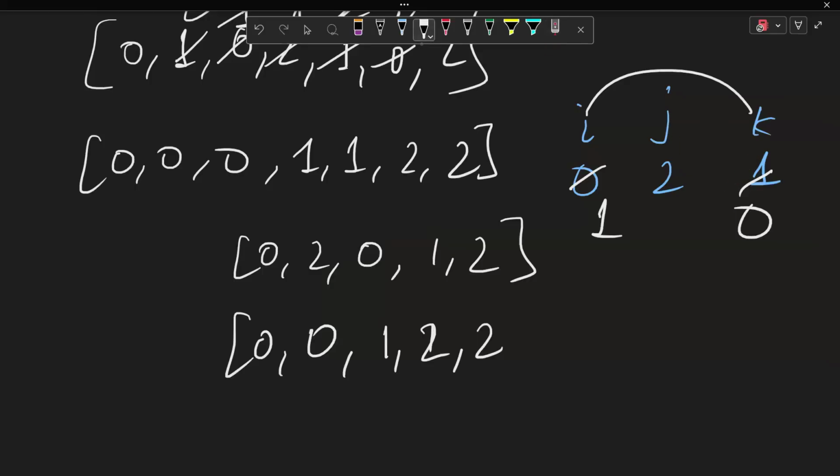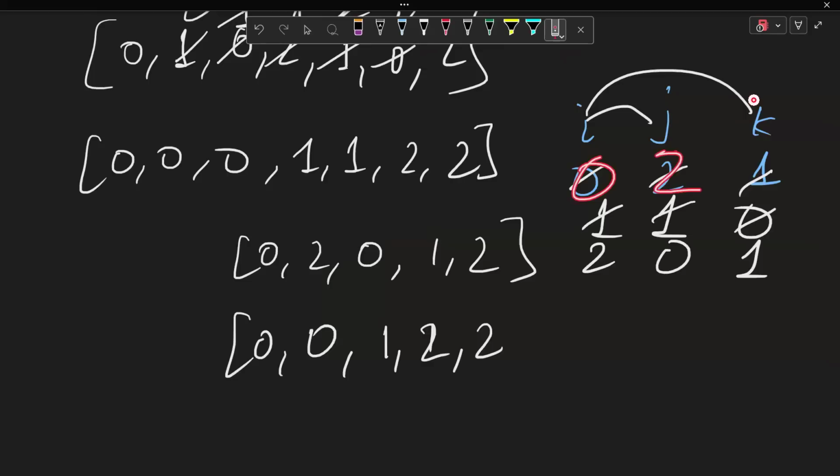Sorry, i and j, you cannot swap 0 and 2. So swap i and j. When this swapping is done, it becomes 2, it becomes 1. Now swap j and k. That way you do these cyclic swaps. You can see that you wanted to swap 0 and 2, they are swapped. It becomes 2 and 0 and 1 is at this place. So in order to swap a 0 and a 2, you can perform these 3 swaps to swap 0 and 2 using a 1.